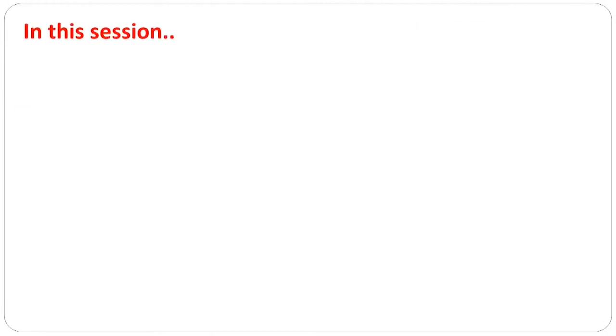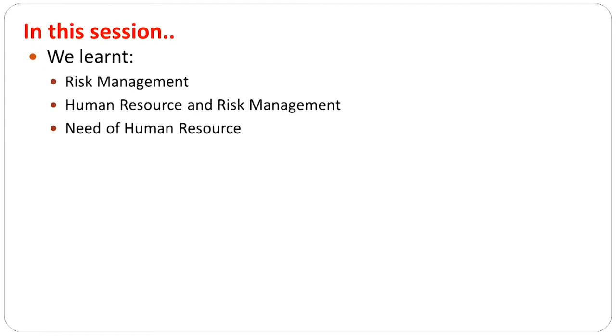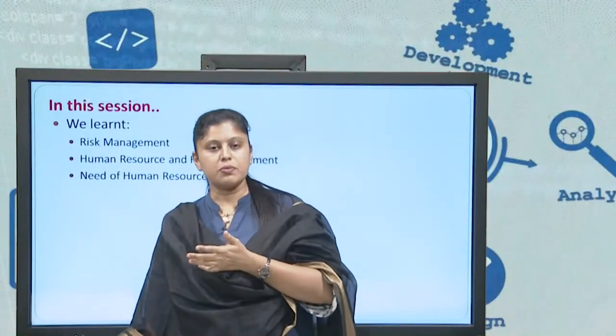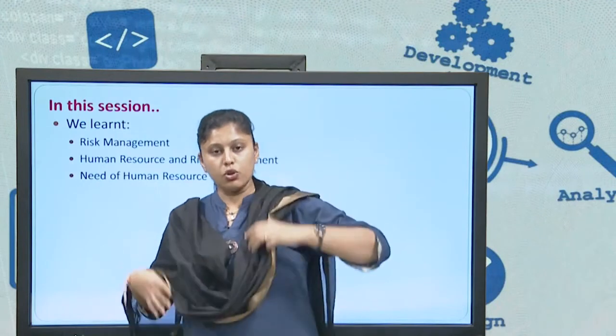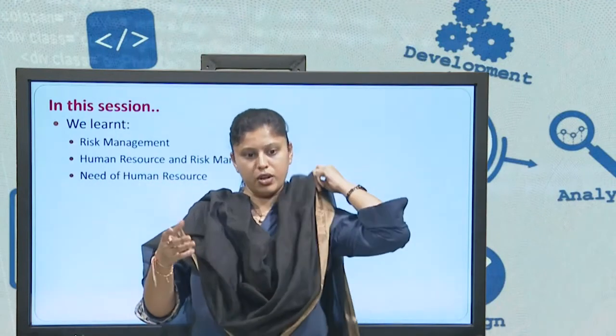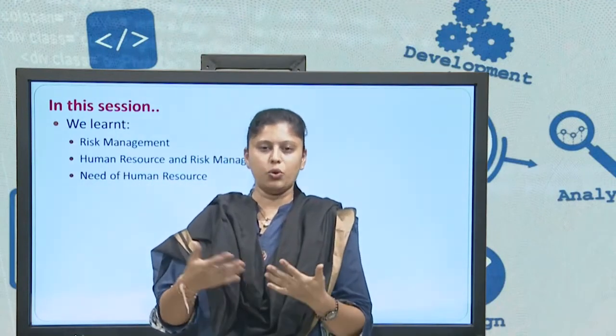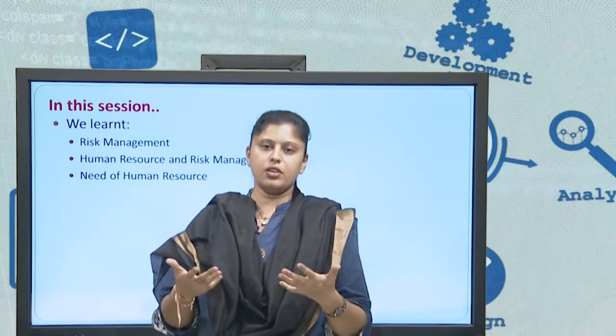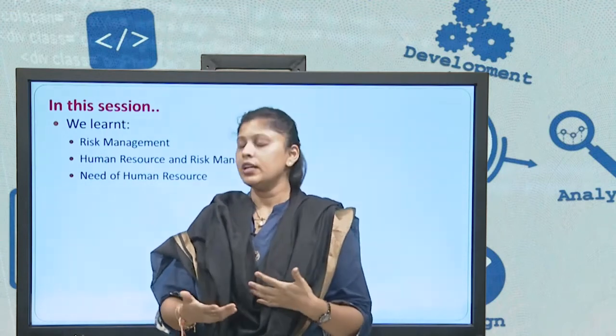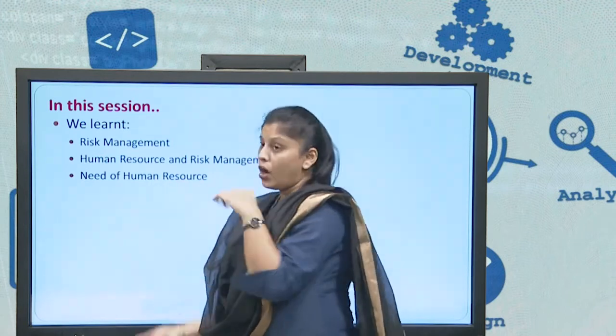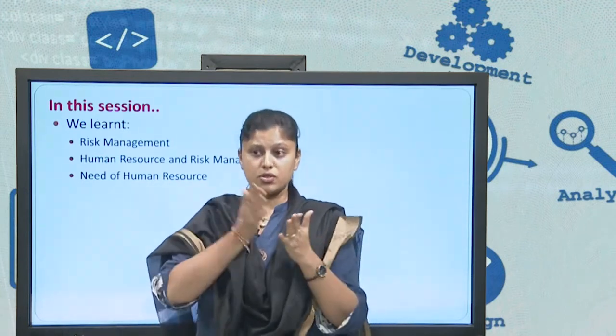In this session we saw risk management, human resource and risk management, and the need of human resource. We saw what risk management is, how we can see it, what its impacts are, high or low level, right, the level of the risk and its impact. And we saw how human resource is associated with risk management.